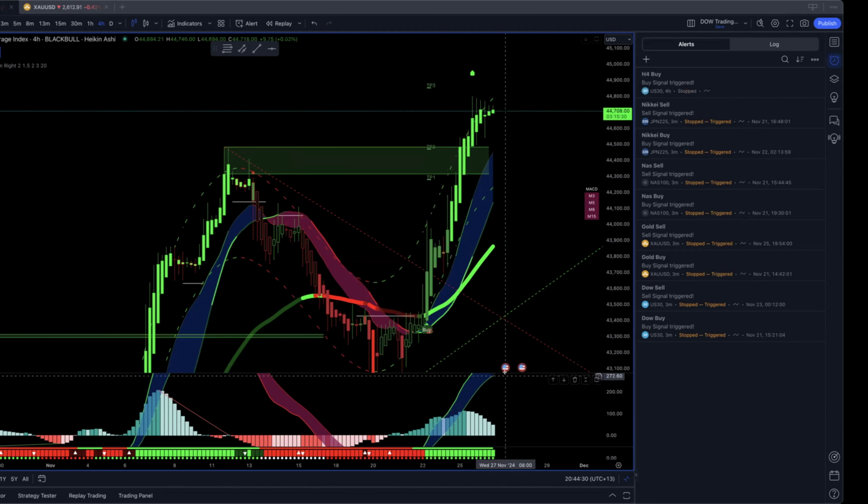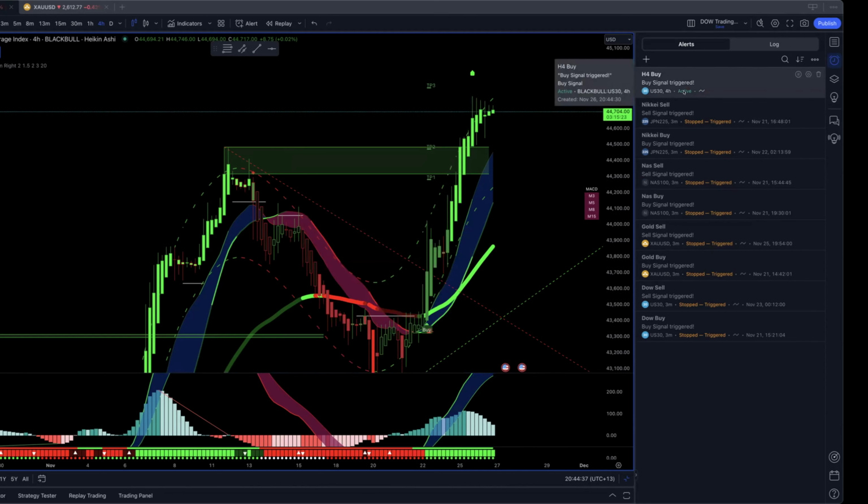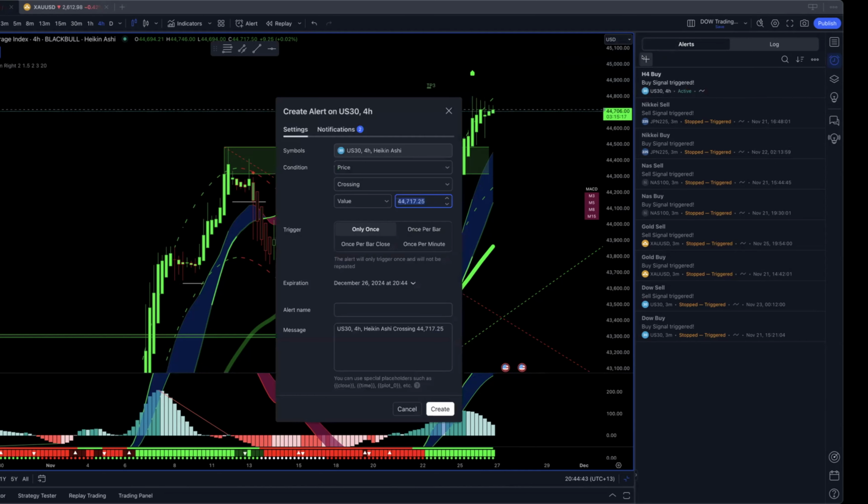Now that is created, you can see it'll add it somewhere in the chart. There we go, so that's now active. That's got the 4-hour active. Then if you wanted to add a sell, you just click plus again. Where it's got condition, at the moment it's got price, you click the little down arrow and choose the TRENDFORCE indicator.